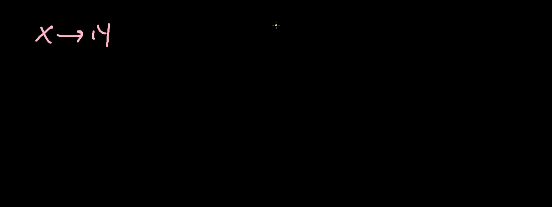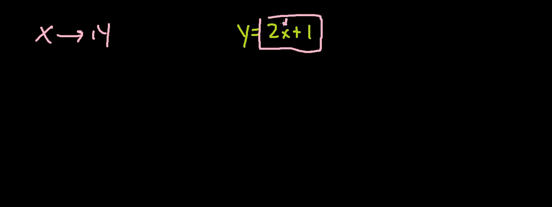Everything is the same, and the only thing I really want to introduce here is the function notation. In the past, in algebra, we've had an equation like y is equal to 2x plus 1. In functions, it's exactly the same thing. We're solving for an x to get a y. This is the function, this is where the input would go, and this is the output.